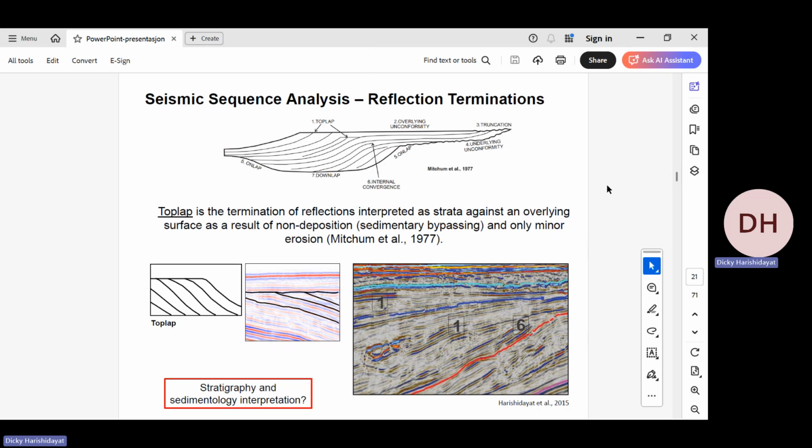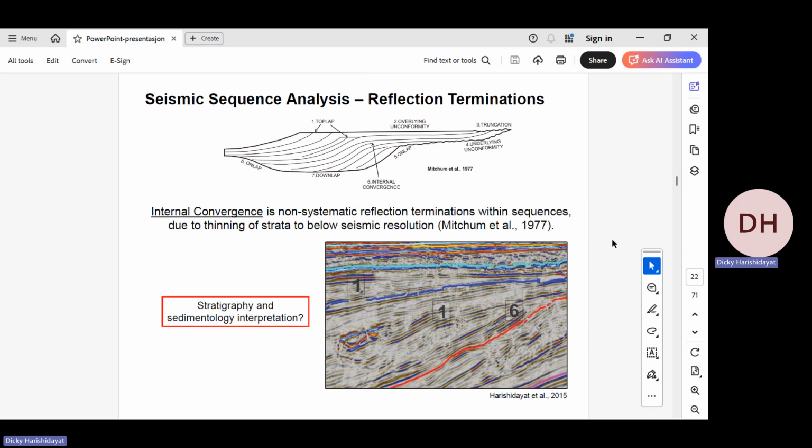So the difference between erosional truncation and toplap is that in toplap you are mostly in non-deposition with sedimentary bypassing. So in terms of the sequence, it's like a continuous sequence, but with non-deposition due to sedimentary bypassing. And this only minor erosion might be related to local sediment conduit transportation.